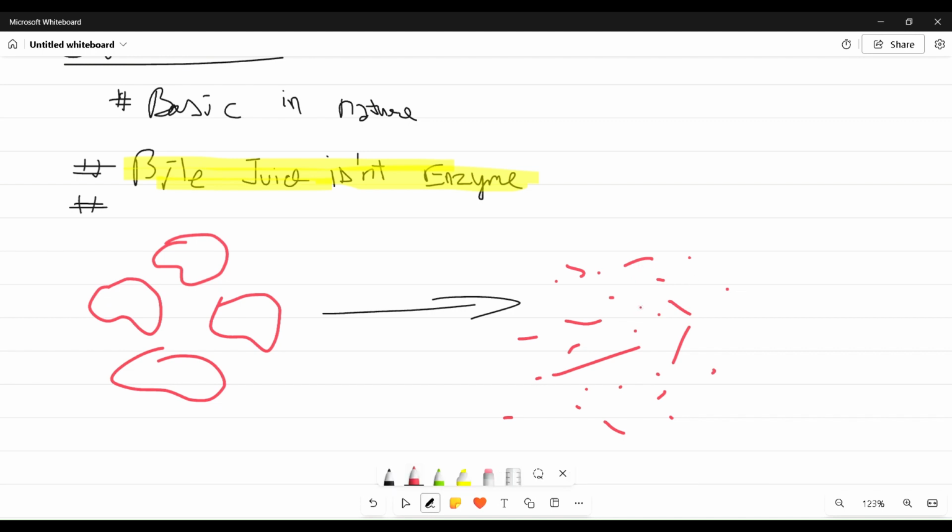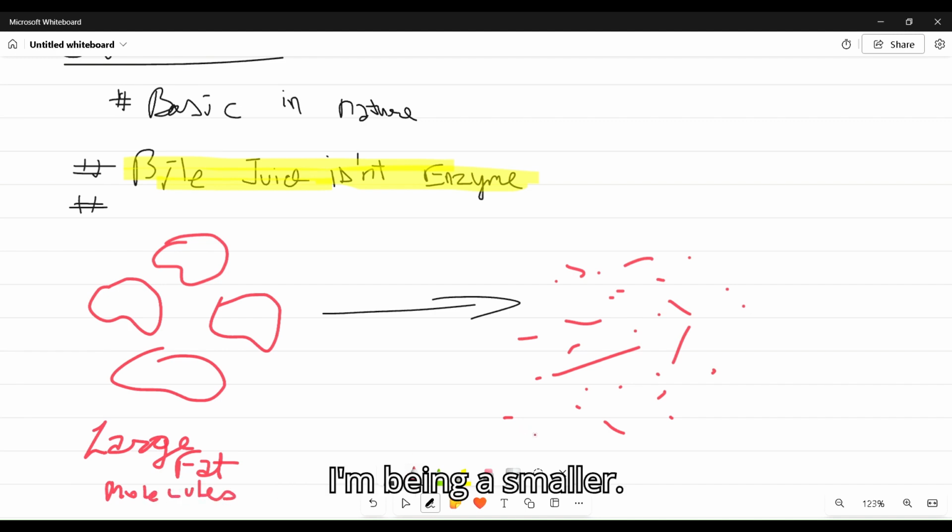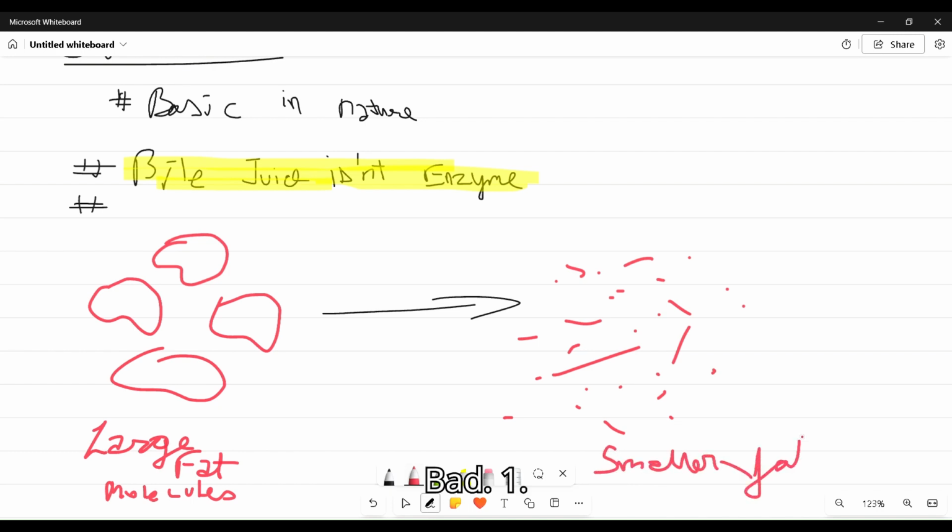So these are large fat molecules, and these are smaller fat molecules.